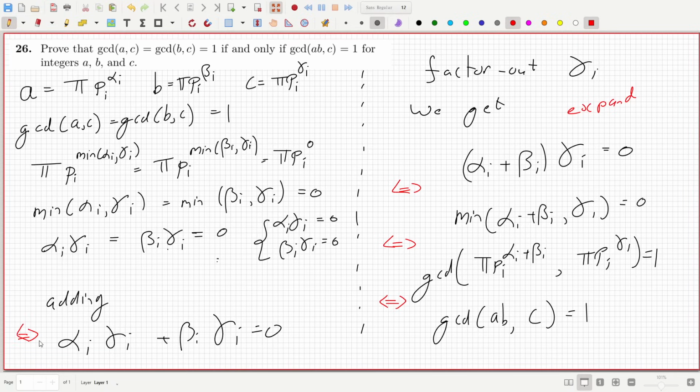Now, I think this is where we need a little bit more if we're going backwards through the proof. Since alpha, beta, and gamma are all greater than or equal to 0, we can then go back to this. That is the only point in reversing the proof to get the if and only if, both directions, that might require a little more explanation.